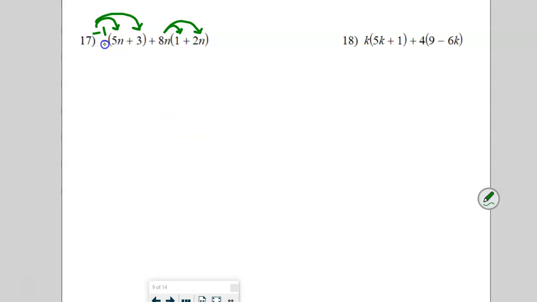So negative 1 times 5n is a negative 5n, and then negative 1 times 3 is a minus 3. And then positive 8n times 1 is a positive 8n. And positive 8n times positive 2n is a positive 16 as our new coefficient. n times n, we're going to shorthand that to n squared.